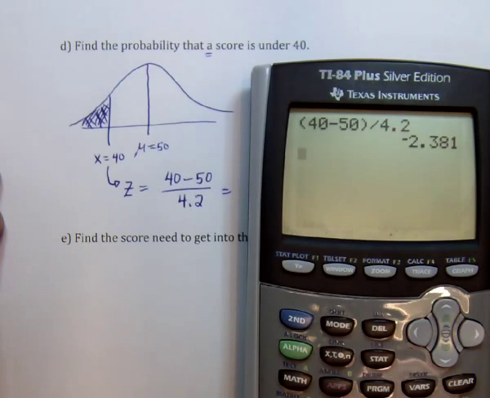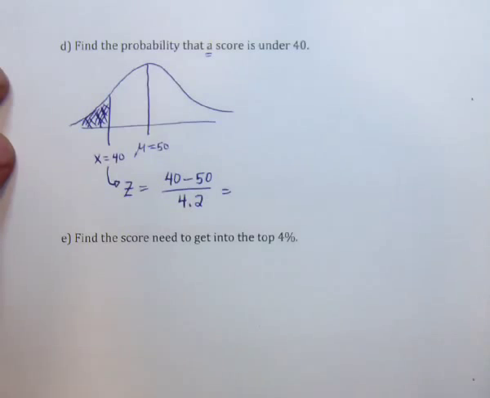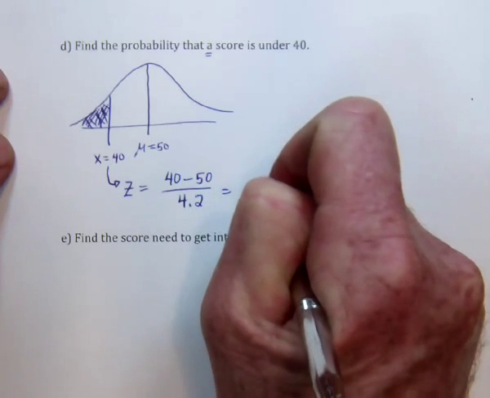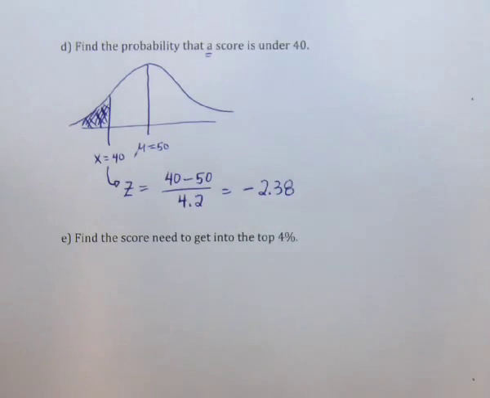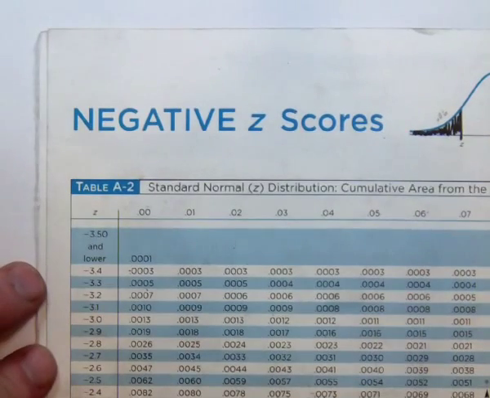So that is going to be negative 2.38. And then we need the negative z-scores.